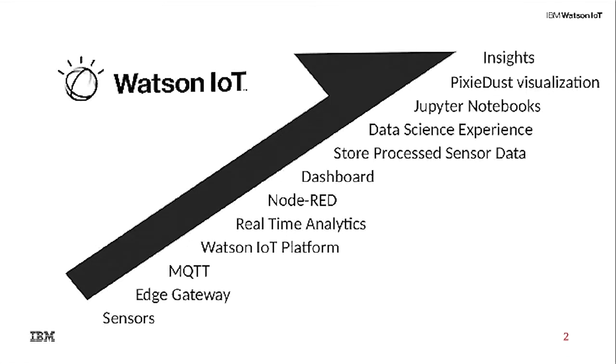I pulled that data into Data Science Experience, into a Jupyter Notebook, where I set myself up with Apache Spark and a number of SQL queries. I found the min, the max, the average, and I plotted the data using PixieDust visualization.